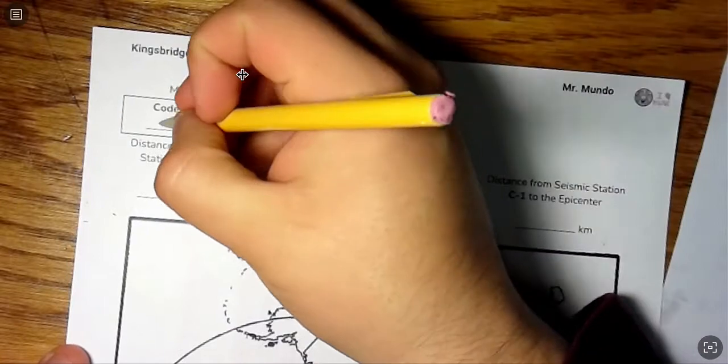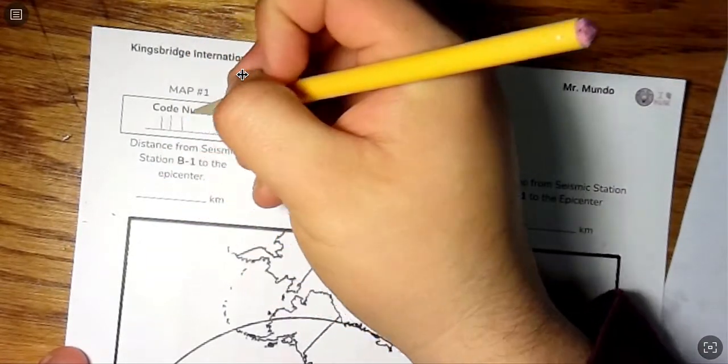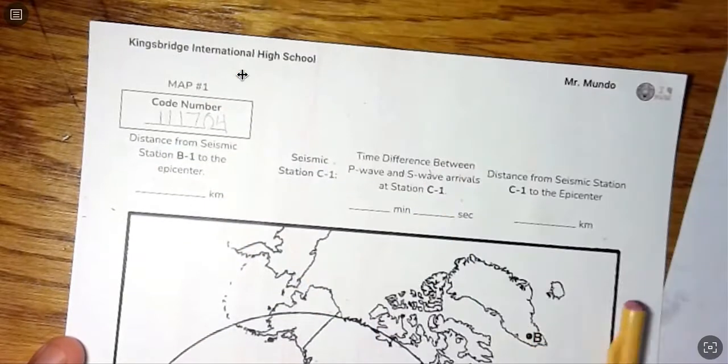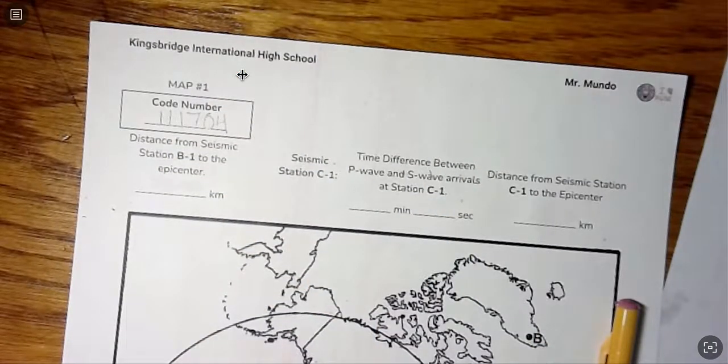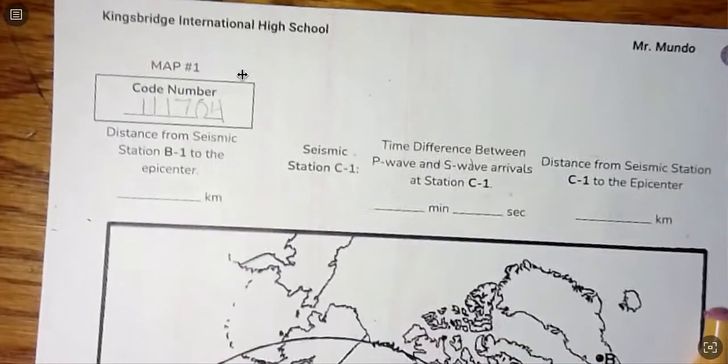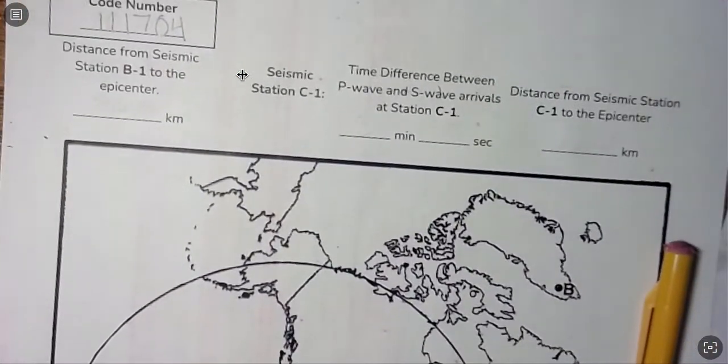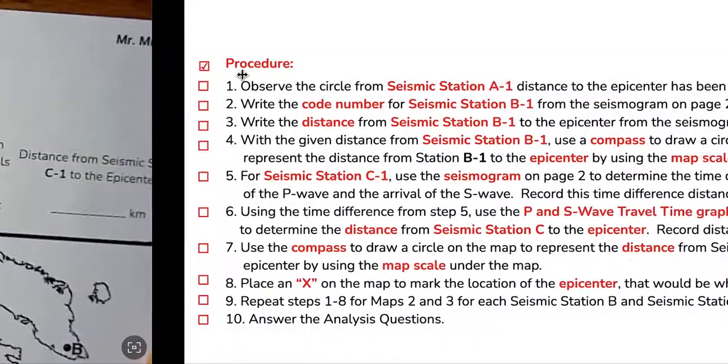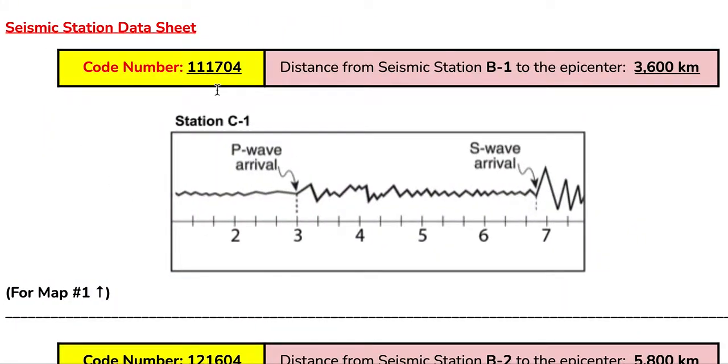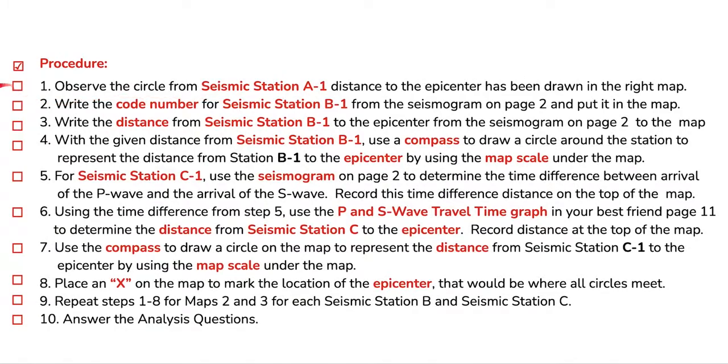So this is where we would put, in this case, for this example, 111704. And that is the code number that we just recorded from the seismogram data sheets that we just received. So notice that we just put 111704 and we copy that from the seismic station data sheet. So we're done with step number one and step number two.